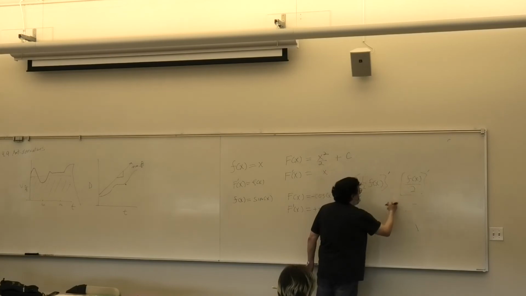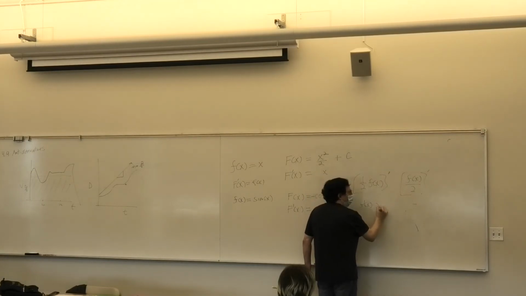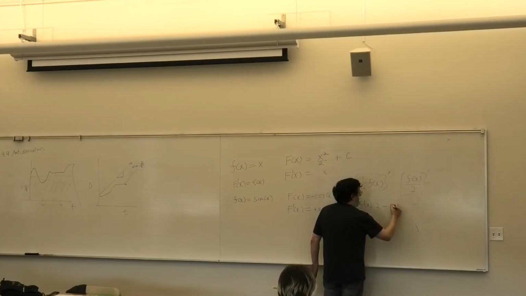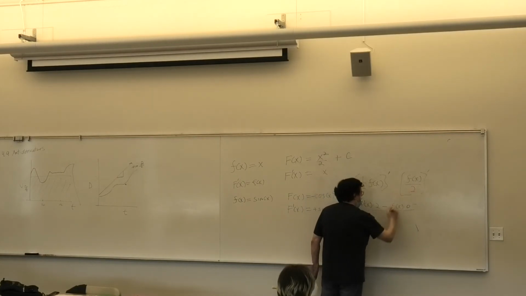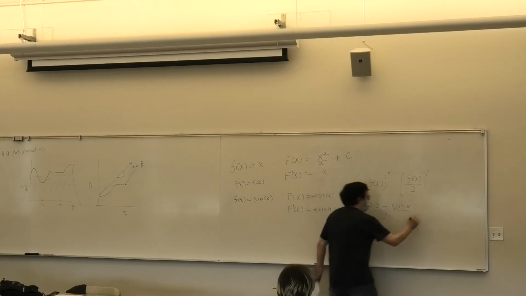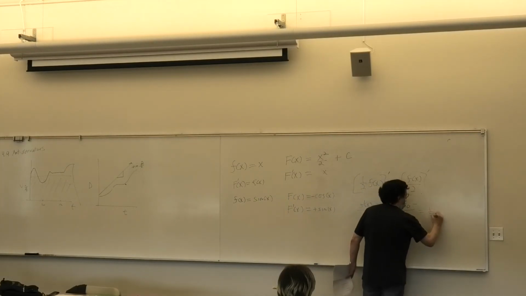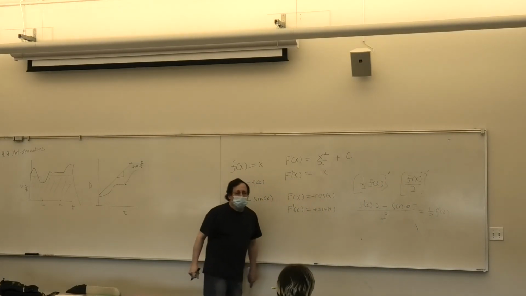The quotient rule says this is f prime of x times 2 minus f of x times the derivative of 2, which is 0, over 2 squared. So what do we get? We get 1/2 the derivative of x. See how that works?